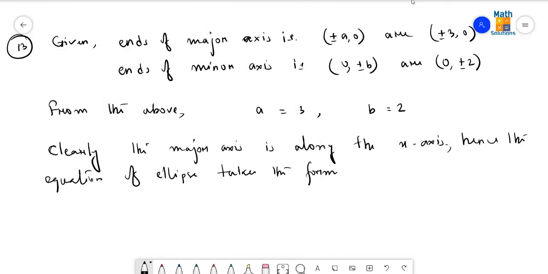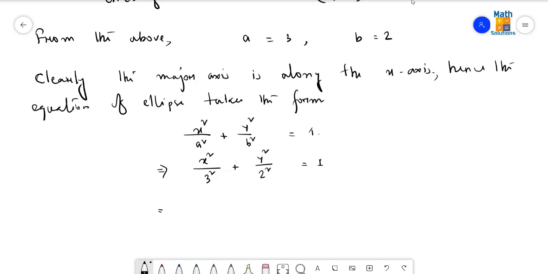Of course, like this: x square by a square plus y square by b square is equal to 1. Let us put the values now. It is x square by 3 square plus y square by 2 square is equal to 1. And then after, what do I get? X square by 9 plus y square by 4 is equal to 1. And this is the required answer.